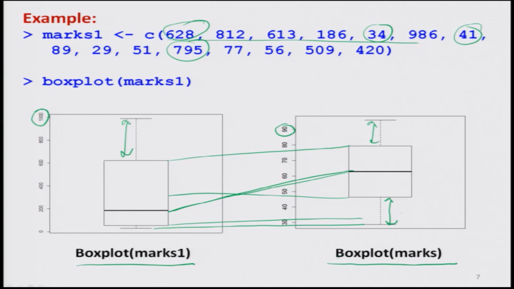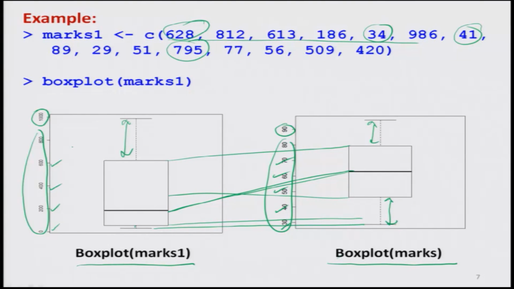But you have to be careful that it is not only the length, you also have to see the magnitude. The magnitude on this y axis is also differing a lot. For example, in the box plot of marks, the values are 30, 40, 50, 60, 70 and so on, whereas in the box plot of marks1, it is 0, 200, 400, 600 and so on. Right. So by looking at these two box plots, you can compare the two data sets with their basic characteristics like minimum, maximum, quartiles and so on.